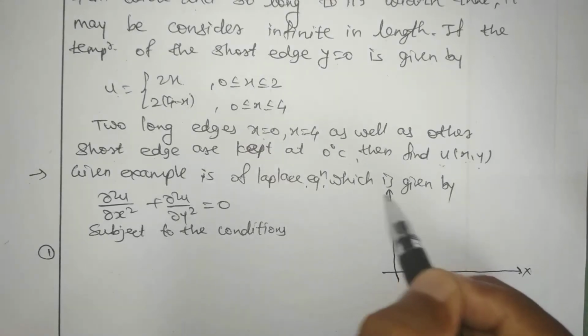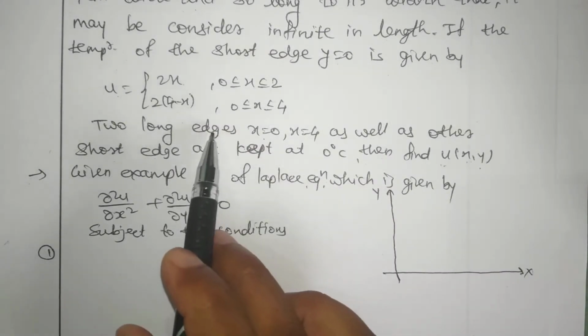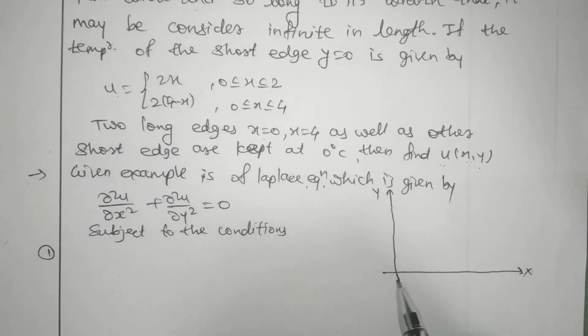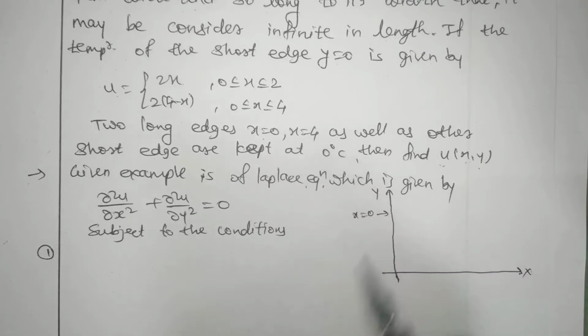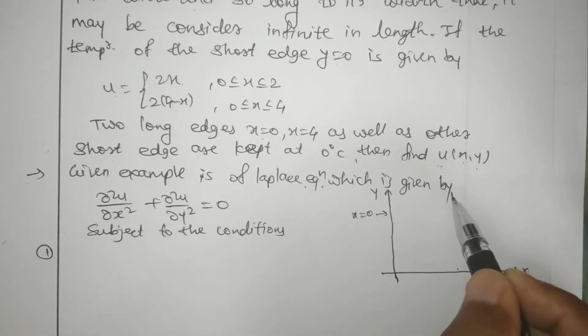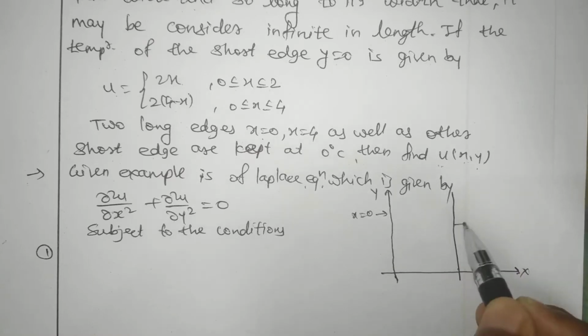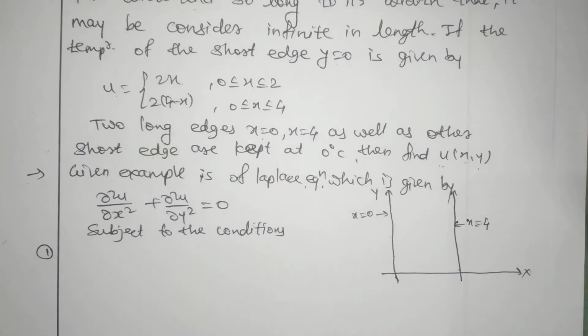The equation of this y-axis is x = 0, and x = 4 is a line parallel to the y-axis, somewhere here.